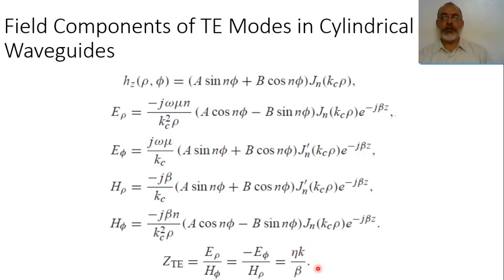And as I mentioned before, for any type of closed waveguide, the transverse electric and transverse magnetic wave impedances have the same formula, eta k over beta. The only difference is what is the value of beta in terms of the cutoff frequency or cutoff wave number kc.